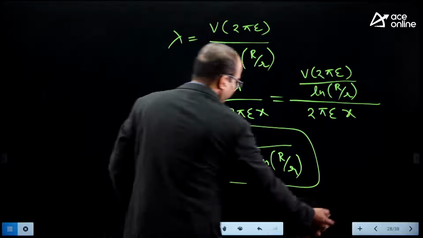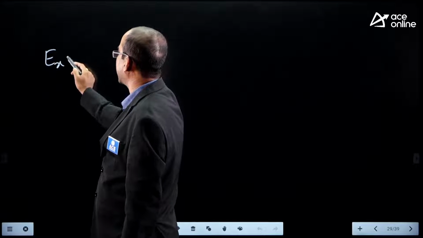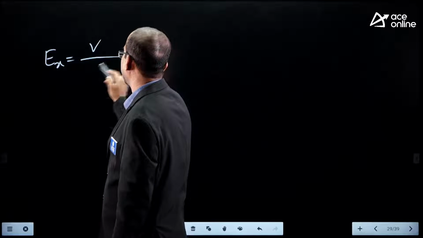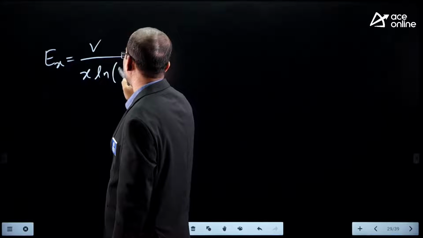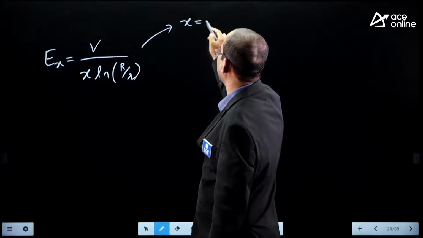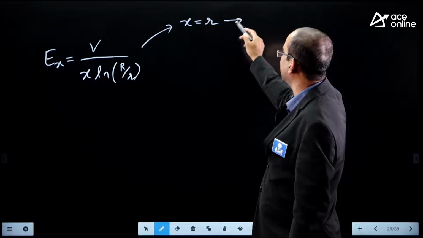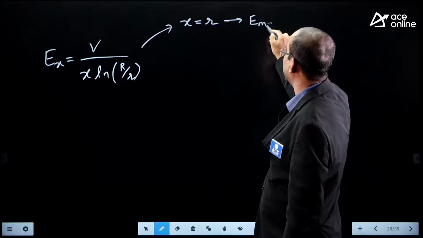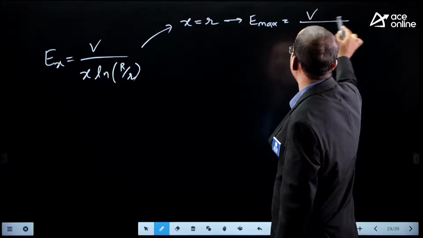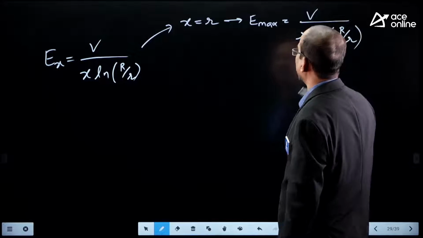So what can we write here? We got the electrostatic stress Ex as V by x into ln of capital R by small r. If you substitute x equal to small r, that is at the conductor surface, we get the maximum stress, which is V by r ln of capital R by small r.